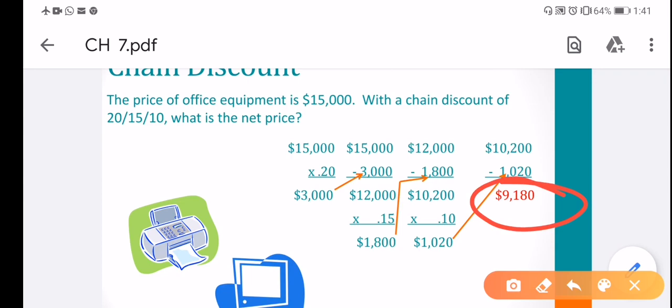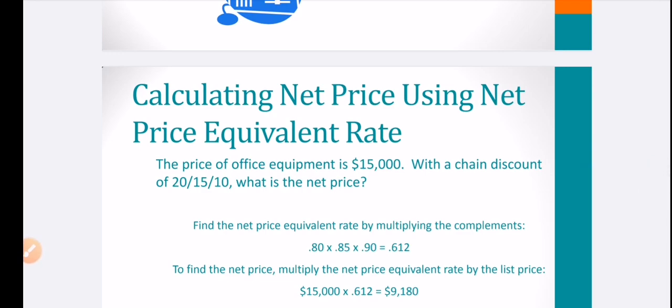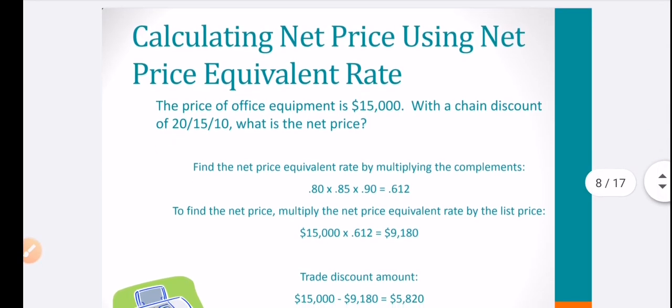So you notice that it is a long process. Instead of that, we can simply do it using the multiplication of the complements of these chain discounts. We take the complement of 20%, which is 0.8. For 15%, the complement is 85, and for 10%, the complement is 90. We multiply all these values, then we will get 0.612, which is 61.2%.